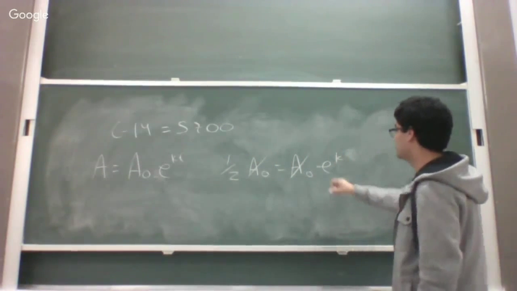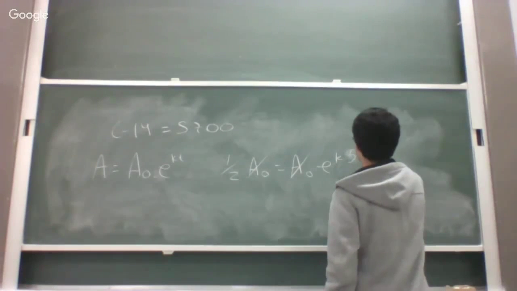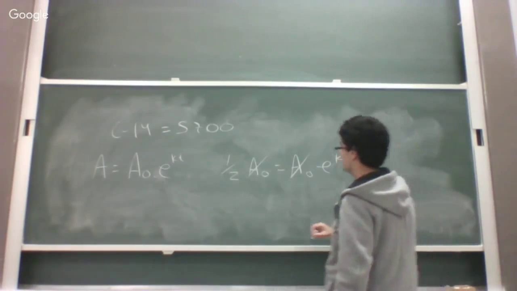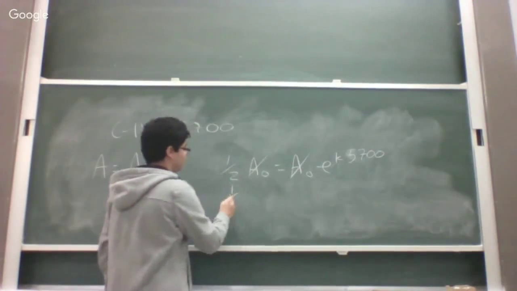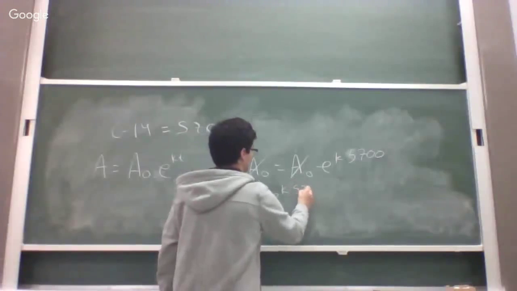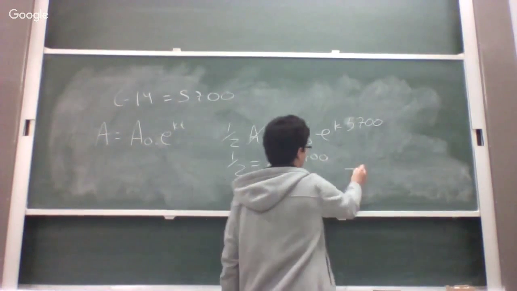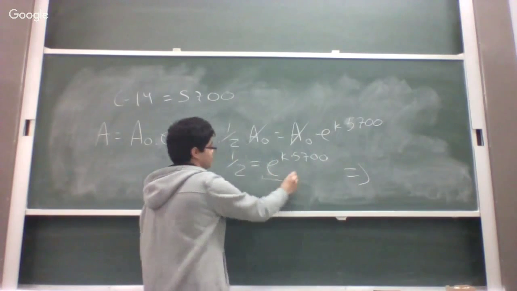Okay. So we're trying to find what e to the k would be in this case, and we know that the half-life of carbon is 5,700. So now we have 1/2 equal to e to the k times 5,700. Right? So how do we get e to the k alone?